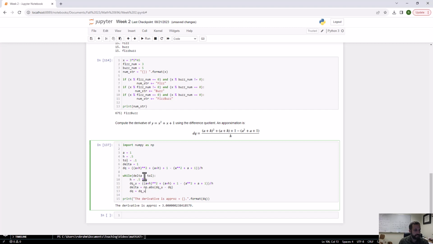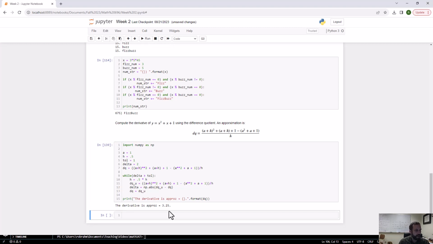And if delta is greater than tolerance, in other words, if my successive approximations are still far enough apart, I'm going to do this whole thing over again. Okay, so now delta is equal to 1, a is equal to 1, h is equal to 0.5. Everything seems okay. I'm going to make delta 2 and tolerance equal to 1. So we're not going to run through this loop very many times, probably not even once.